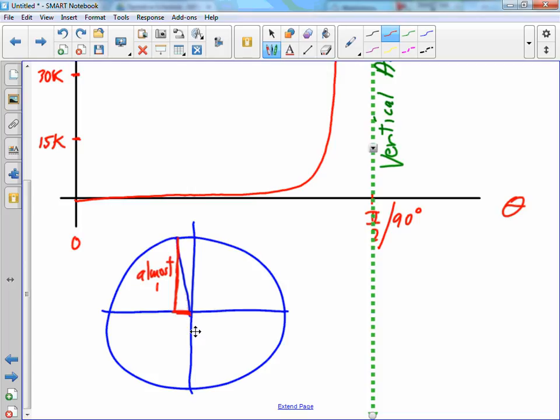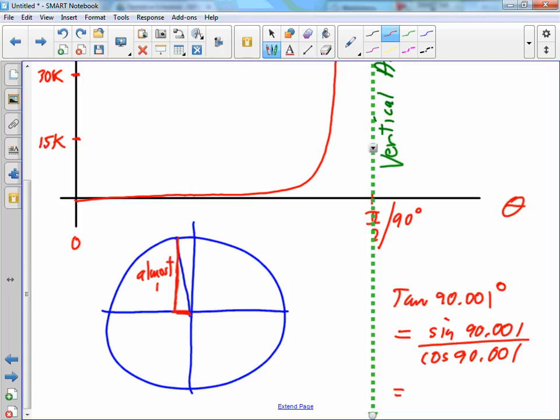Okay? So it's going to be tangent of 90.001 degrees. In other words, we're just on the other side of pi over 2. It's going to equal sine of 90.001 over cosine of 90.001.